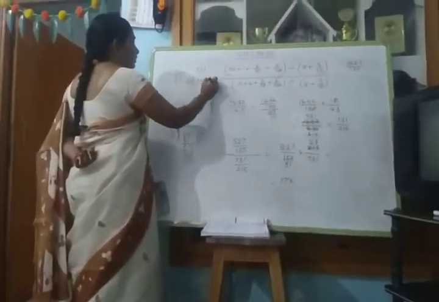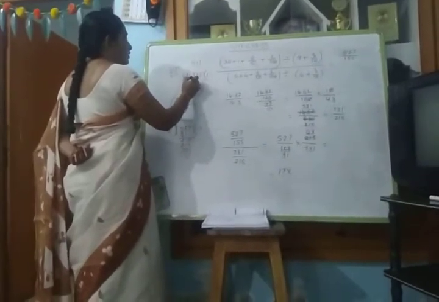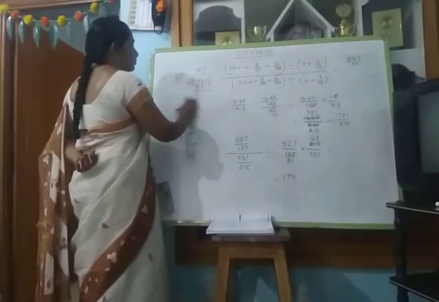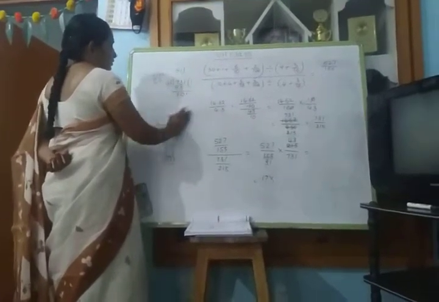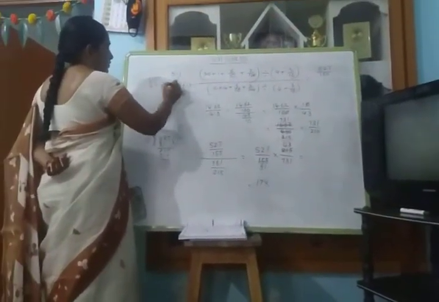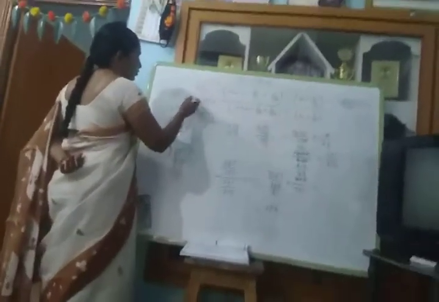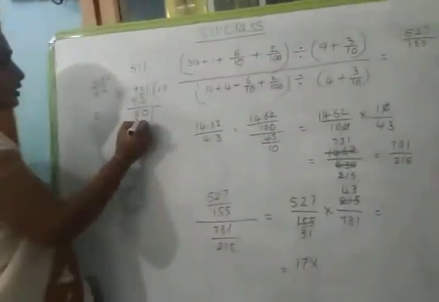So one time: 1 three is 3, 1 four is 43, subtract, 0, 3, 1. If you take 7 times, 7 threes are 21, 7 fours are 28. So here also you get the answer 17 only. So this much length is not needed. Here only we can simplify.